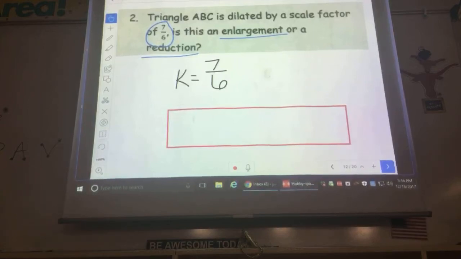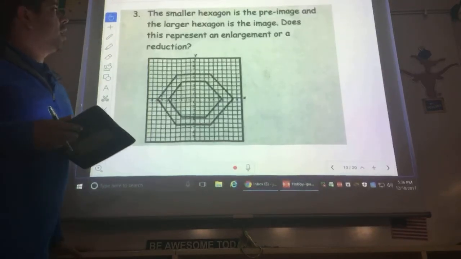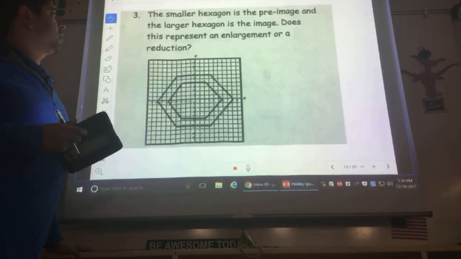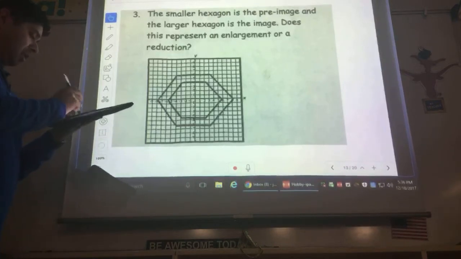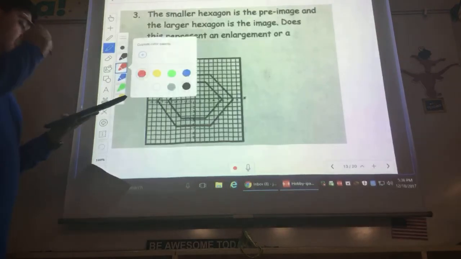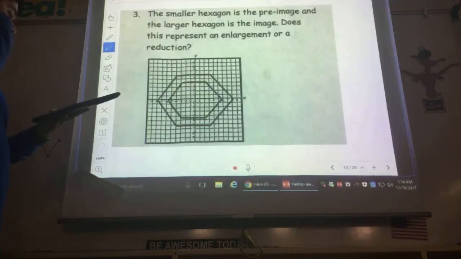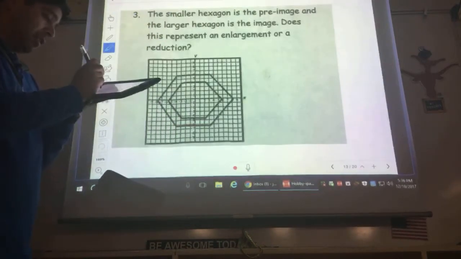That was number 2. Number 3, the smaller hexagon is the pre-image and the larger hexagon is the image. Does this represent an enlargement or reduction? So the smaller one is the pre-image, so that means it's the original. I'm going to highlight that in red.